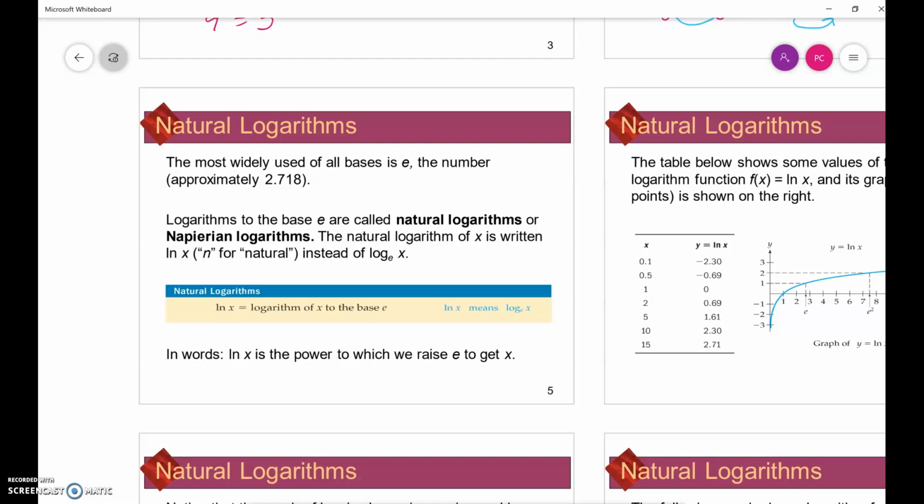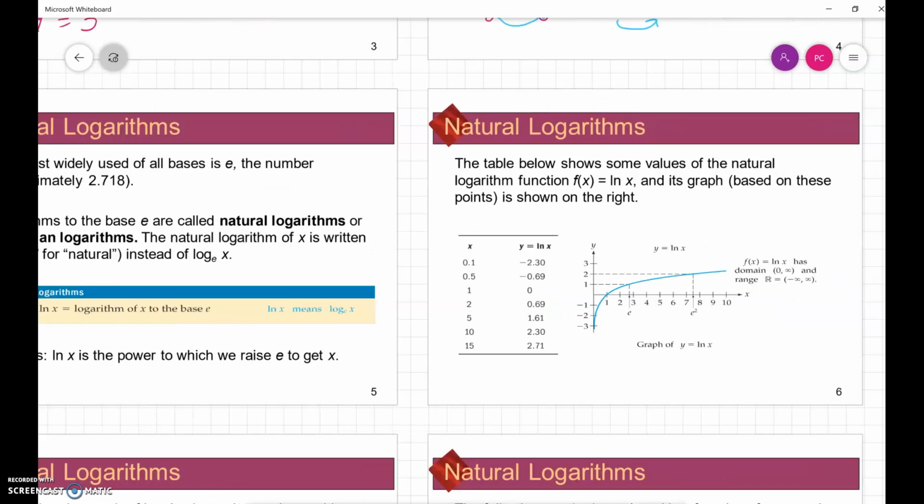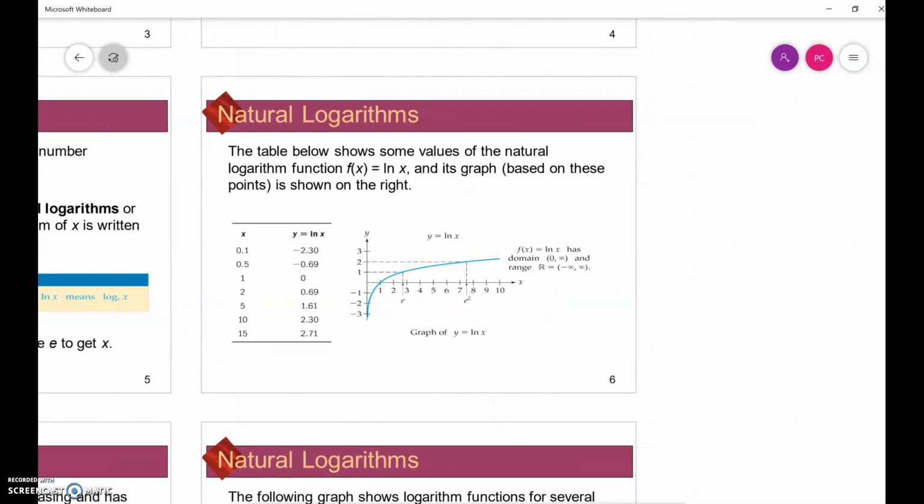So what does that look like? If you remember, our e to the x function looks something like this, where it's crossing at 1. Pretend it's a pretty curve. Well, y equals ln of x is the inverse function.